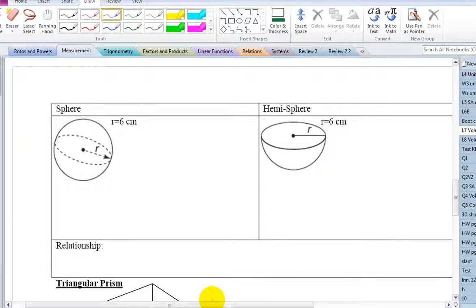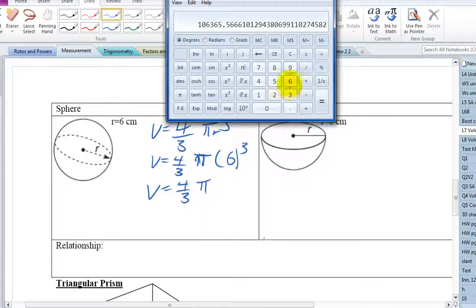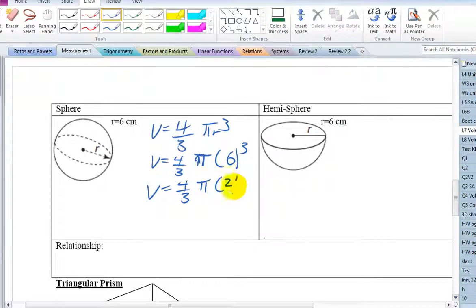Okay, for the sphere, the volume is 4/3 pi r cubed. So volume equals 4/3 times pi times 6 cubed. Volume equals 4/3 pi, and I think it's like 216. 6 times 6 times 6, 216. And so what we can do is go 4 times 216 divided by 3.